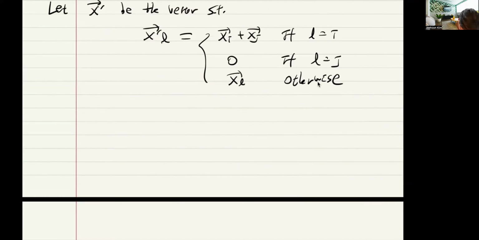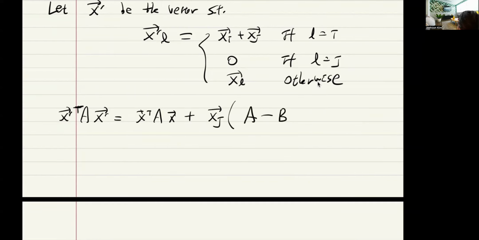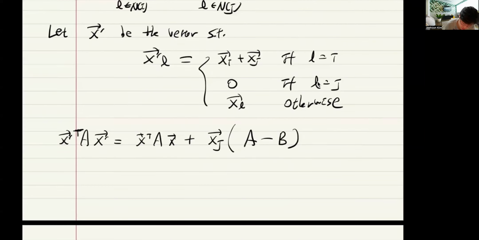Then what do we get? You consider this quadratic form in terms of x prime transpose times A times x prime. Then you can see that this holds.